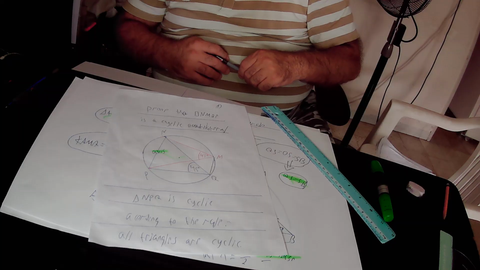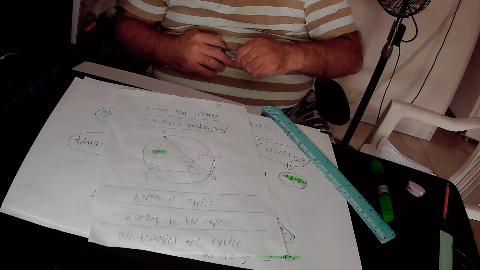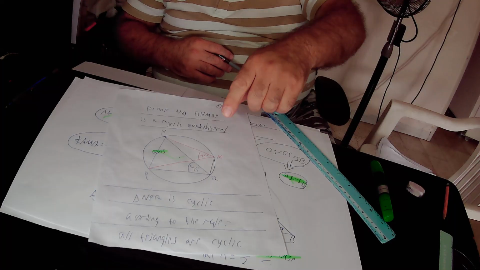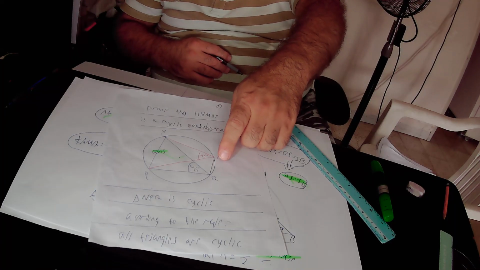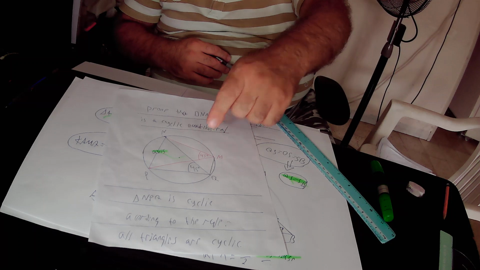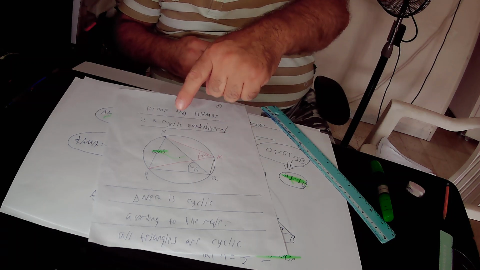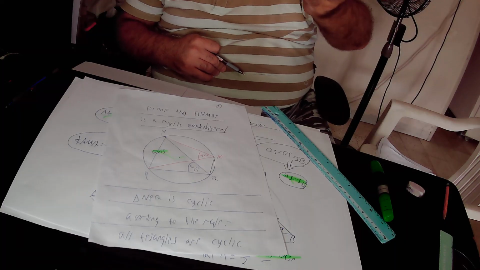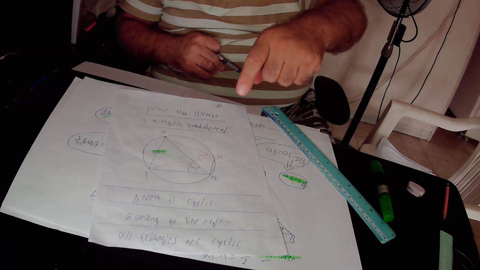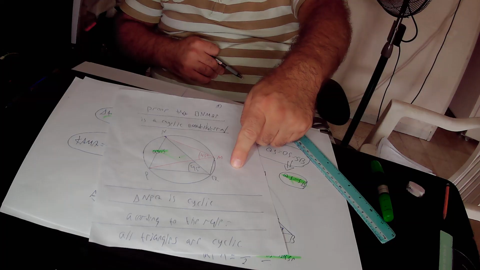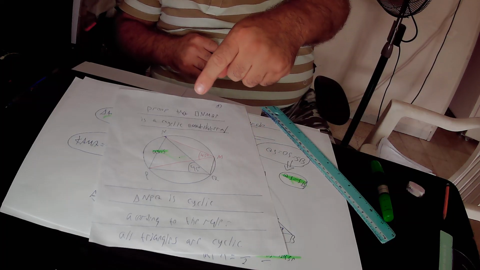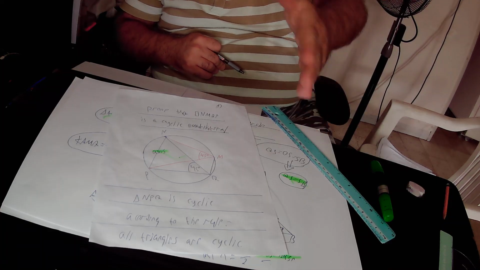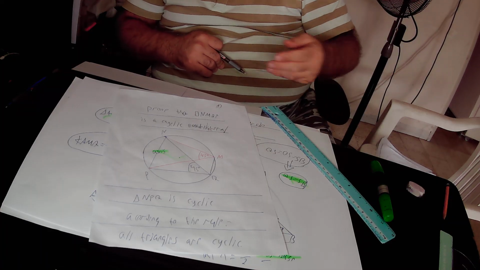According to the rule that I mentioned, only angles whose vertices lie on the circle itself and subtend chord PN will be equal to 45 degrees. All the angles whose vertices lie outside this circle, or inside this circle, will be either less than 45 degrees or more than 45 degrees.